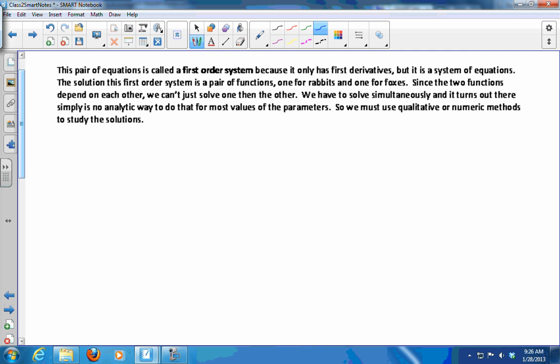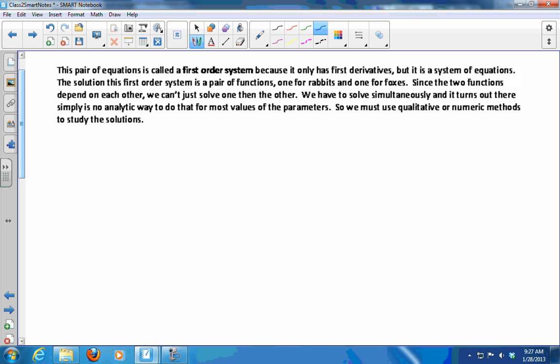So when you write a pair of equations like that, it's called a first order system. It's first order because it only has first derivatives, but it's a system of equations. So it's a first order system of differential equations. The solution to this system of equations is a pair of functions, R of t and F of t. Since the two functions depend on each other, you can't just solve one and then solve the other, right?